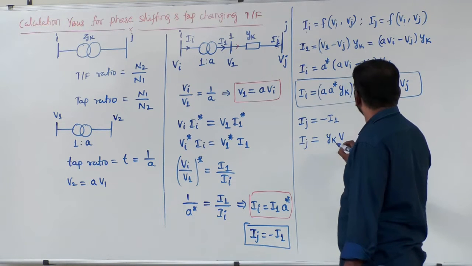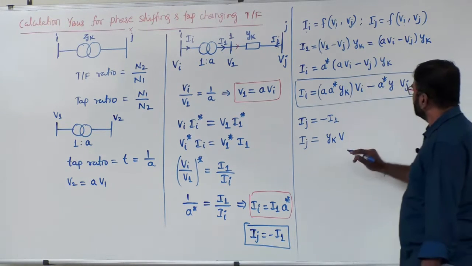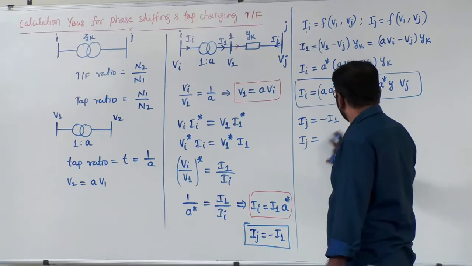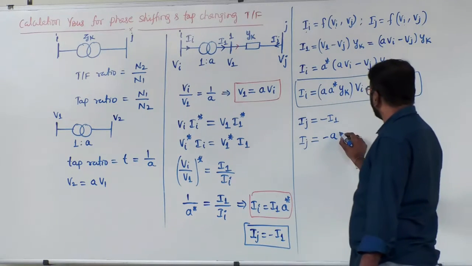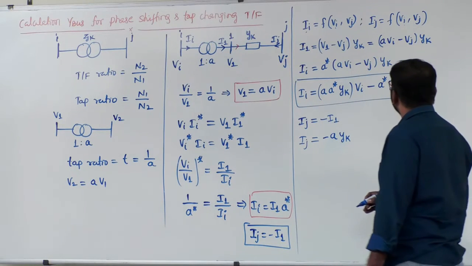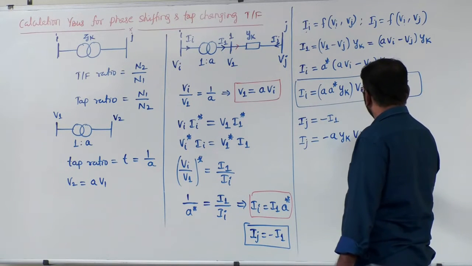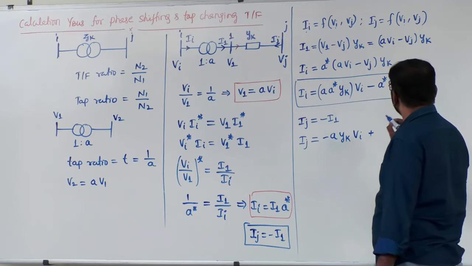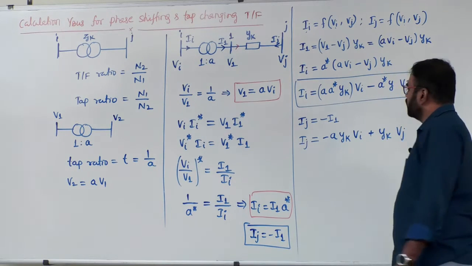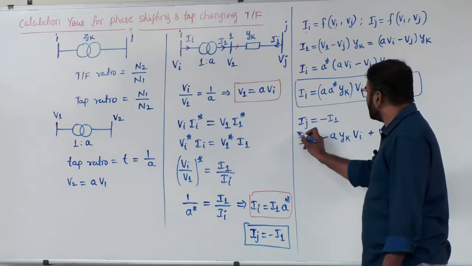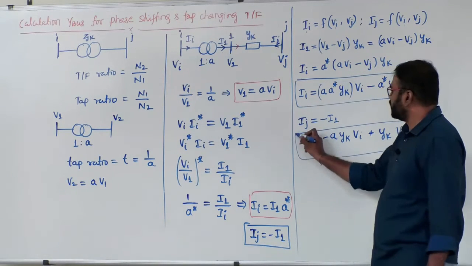So first we write this term: minus A into Yk times Vi. Minus into minus plus Yk times Vj. So we have written Ii, Ij as a function of Vi and Vj.